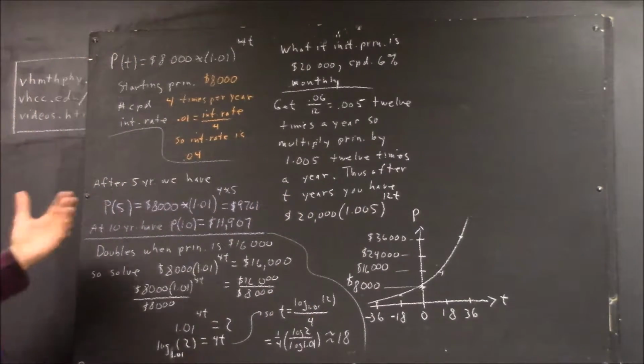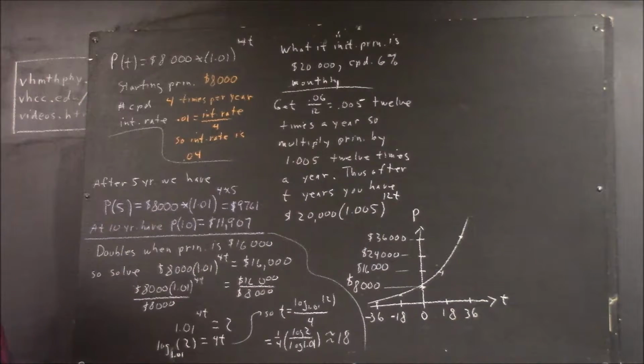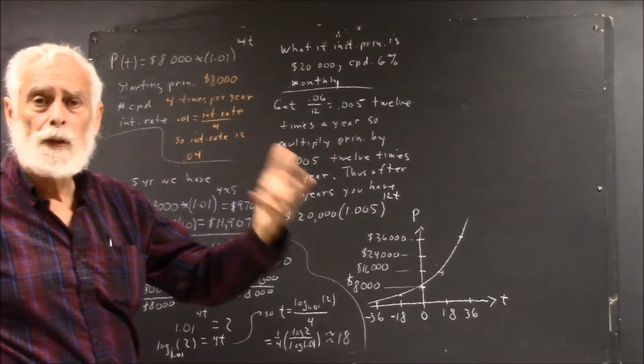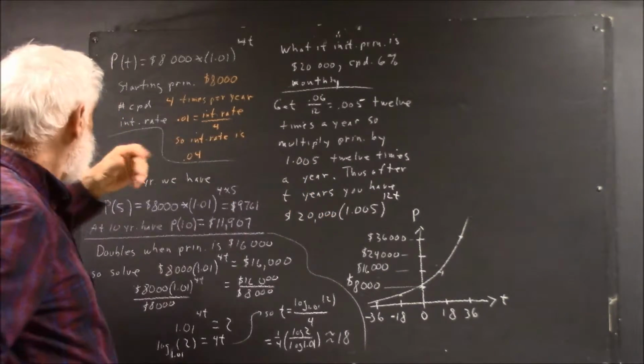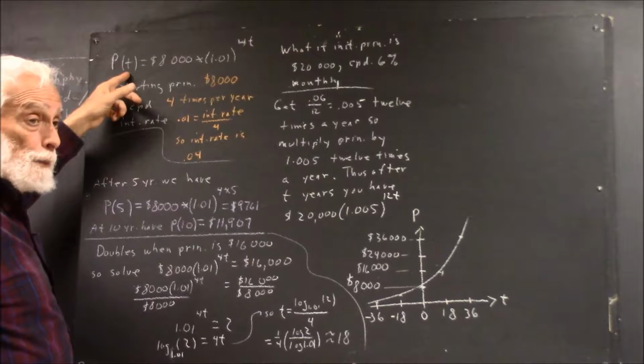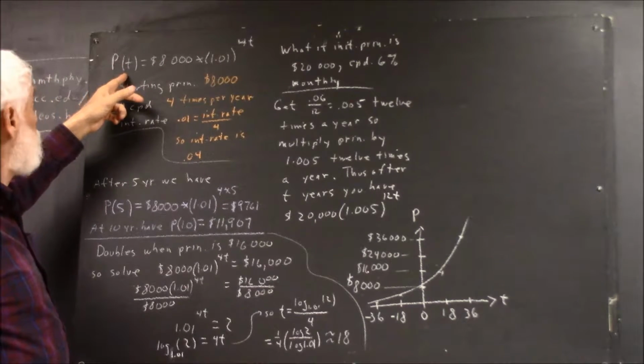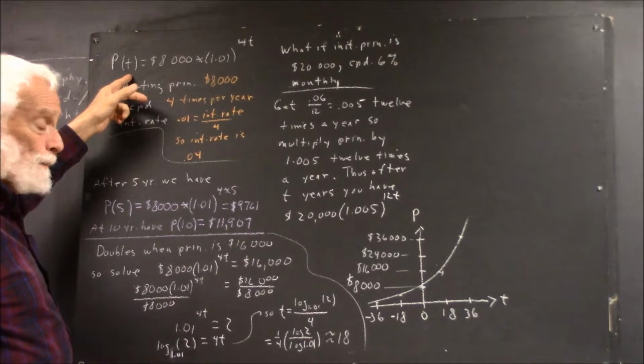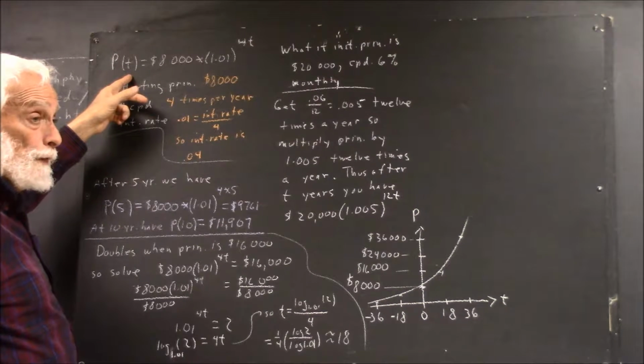Then we answer questions related to this model. First of all, how much money do we have after 5 years? Well, that's a straightforward calculation. P of T is how much money we have after T years. So if we let T equal 5, we have P of 5, the amount after 5 years.